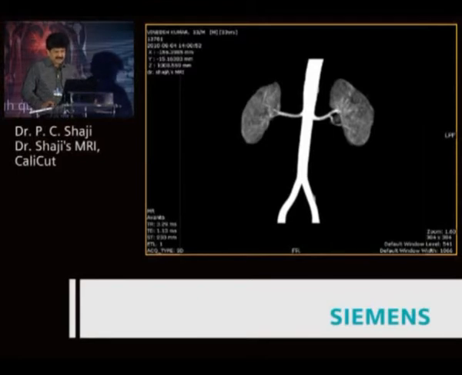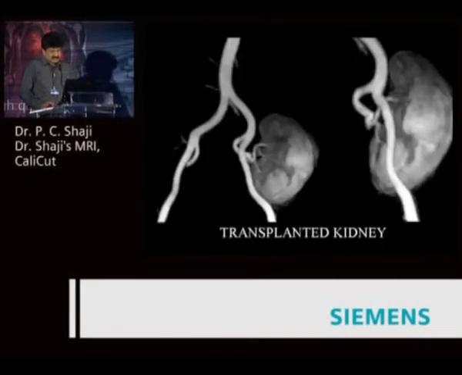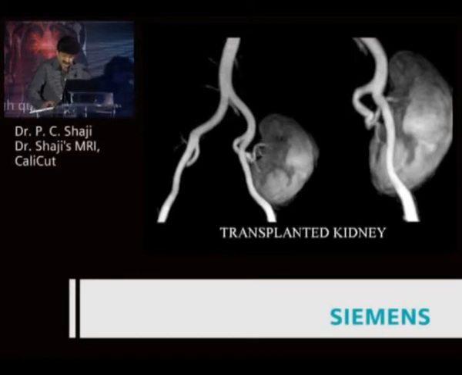We are trying, and we showed a few cases. They are telling us it's improving, but not up to that level yet; we are still working on that. But for transplanted kidneys, especially when they have any doubt about stenosis in the transplanted renal arteries, we do quite a lot of cases.